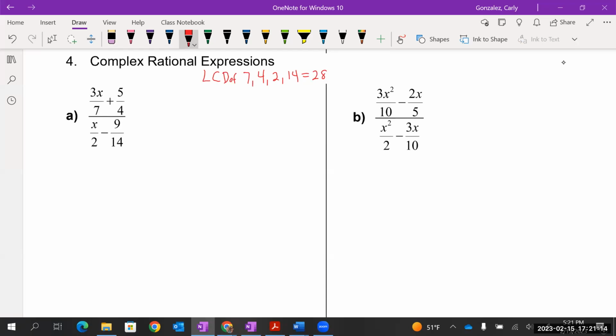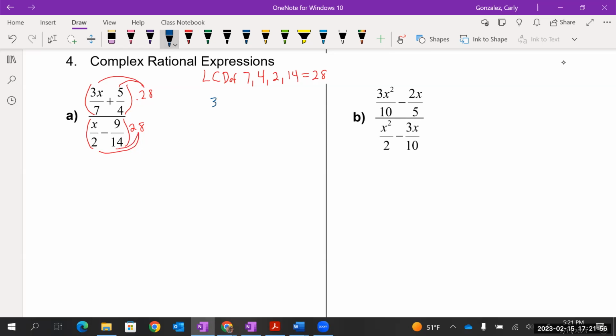So one option is to go ahead and multiply the top and the bottom by the LCD. So I could just multiply the top and the bottom by 28. And this is allowed because I'm just multiplying the top and the bottom of that overall fraction by the same number. We will now need to distribute that 28 to both terms in the numerator and both terms in the denominator.